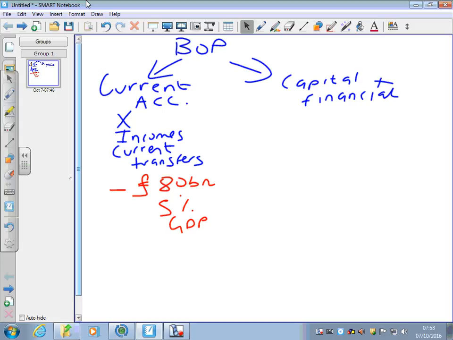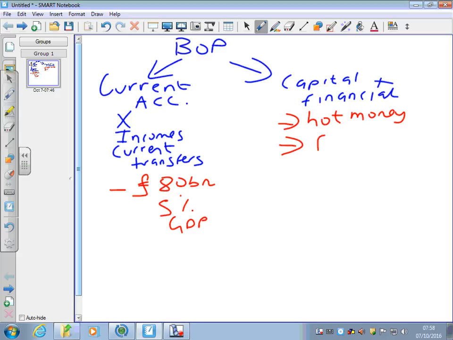The financial account is far, far bigger. So for the UK economy, we are seen as a relatively safe haven across the world with a stable currency. So you might have hot money flowing in, so short-term investments that flood into the economy in order to benefit from things like interest rate increases or potential currency appreciations.